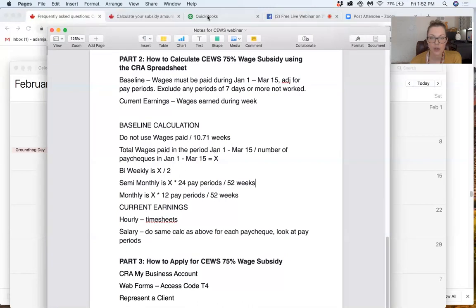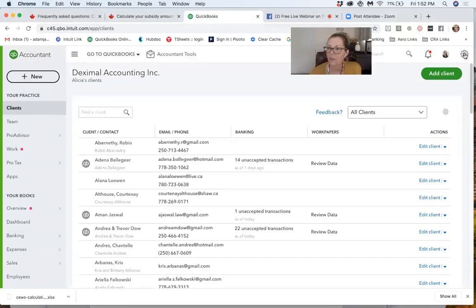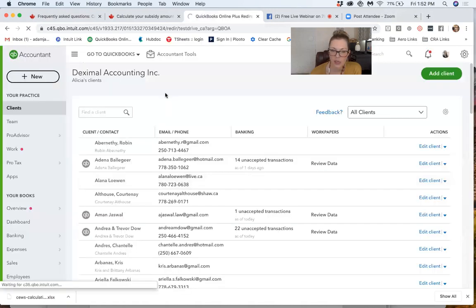If you're using QuickBooks Online for your company's bookkeeping, I just wanted to show this with the sample company. Maybe I can blur that out later.